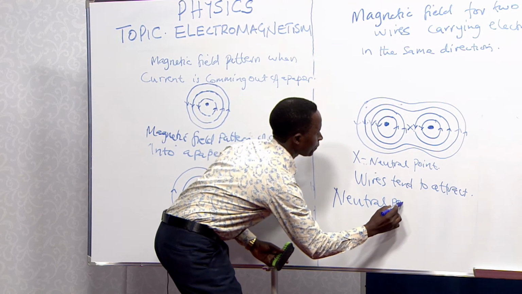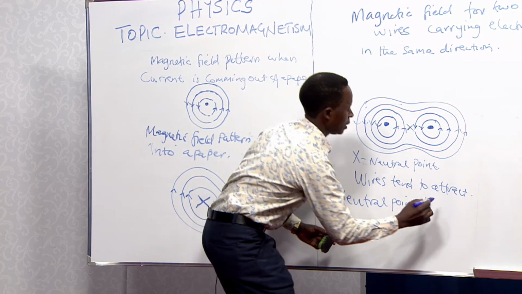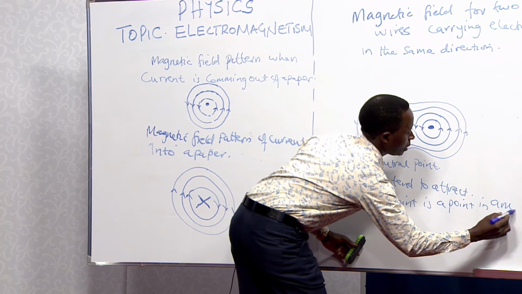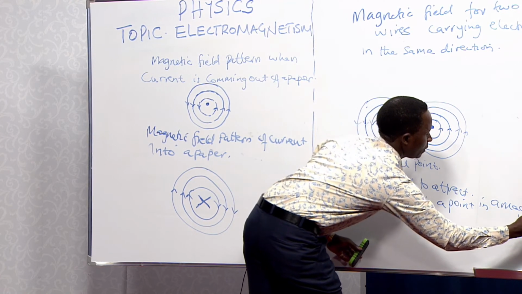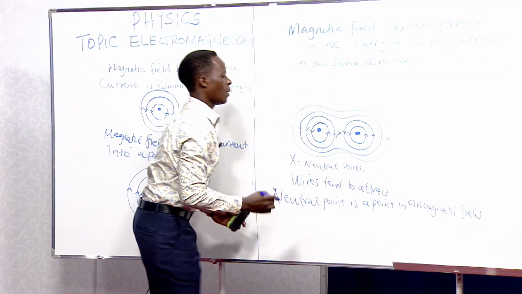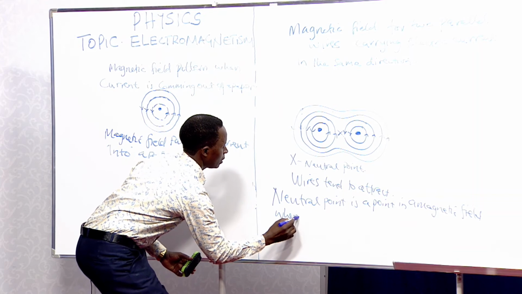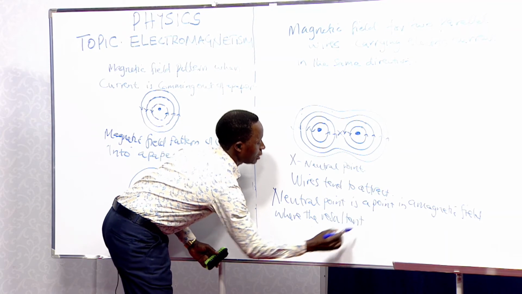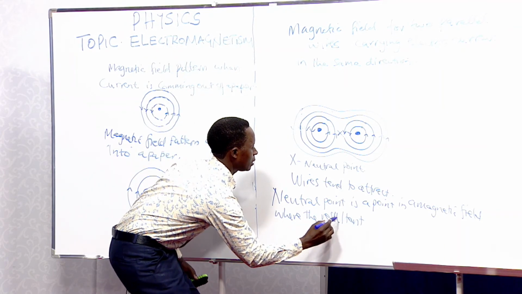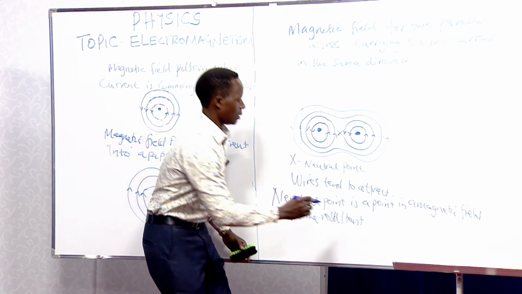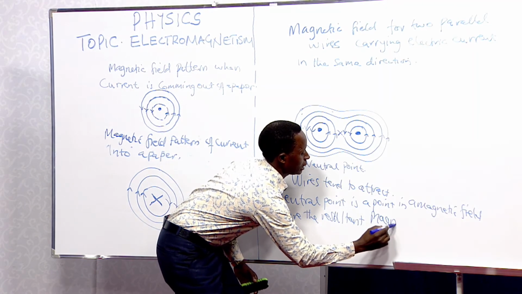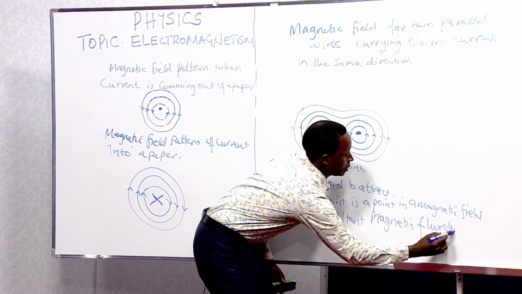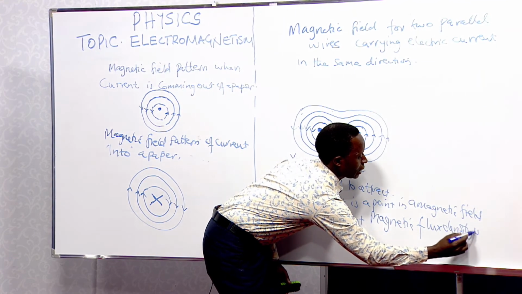Neutral point is a point in a magnetic field where the resultant magnetic flux density is 0.